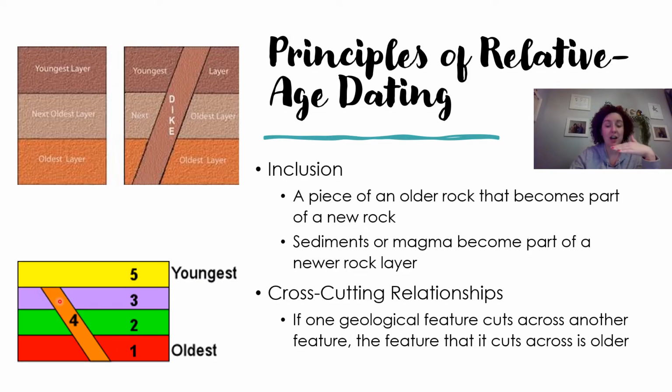But then 4 stops and now 5 is laid on top. So again, 5 would have to be the youngest because 4 did not continue. 5 was the last thing to be deposited. Okay, that is cross-cutting relationships. That something that cuts across another has to be younger than what it cut across. Okay, we are going to practice these during the independent portions.